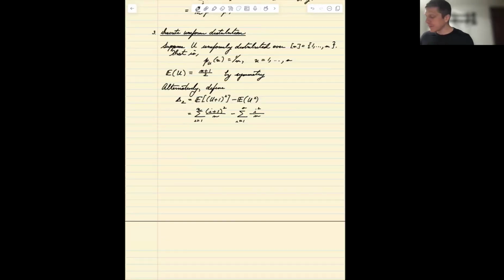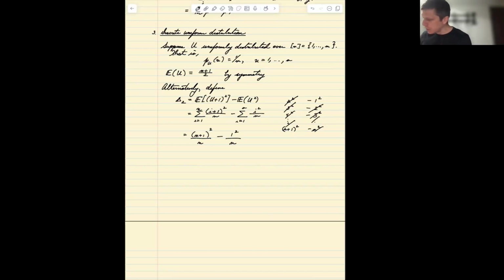On the left we have 2 squared, 3 squared, 4 squared, up to (n+1) squared, and on the right we subtract 1 squared, 2 squared, 3 squared, up to n squared. So we end up with a telescoping sum, which is equal to (n+1) squared over n minus 1 squared over n.